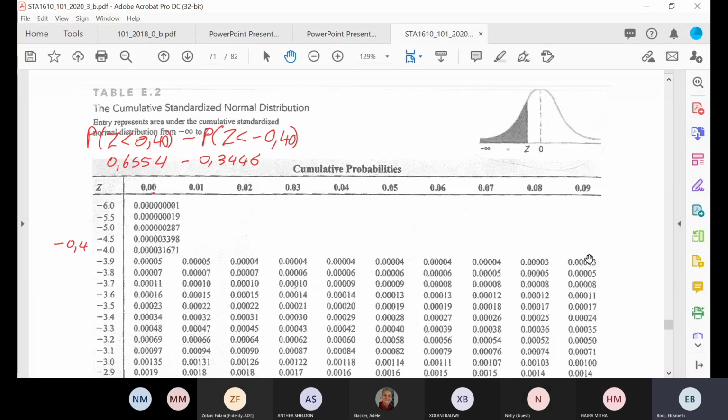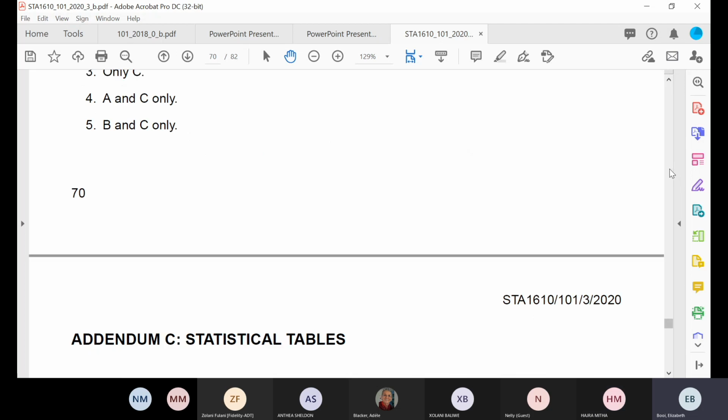And because it is positive 2.0, we go to the positive side of the table. Sorry, I clicked wrong.